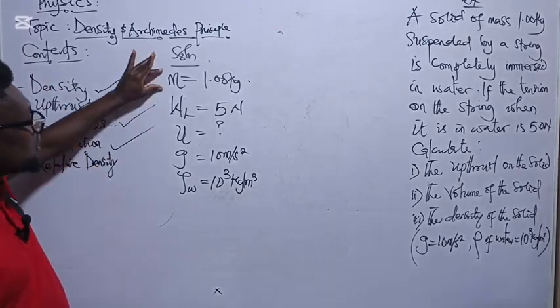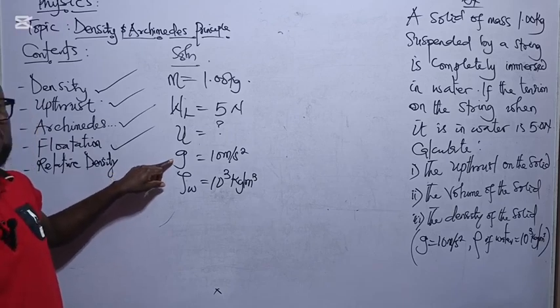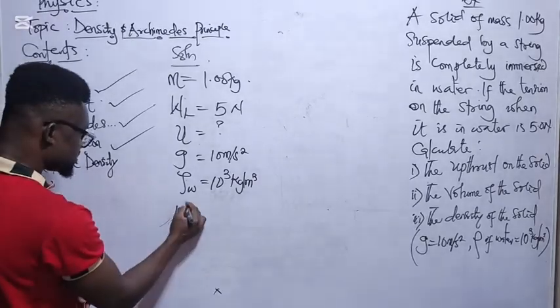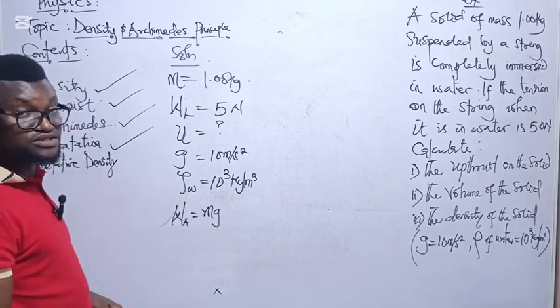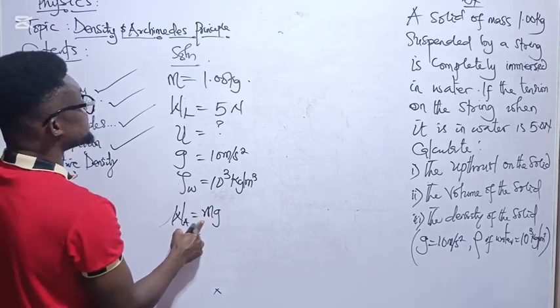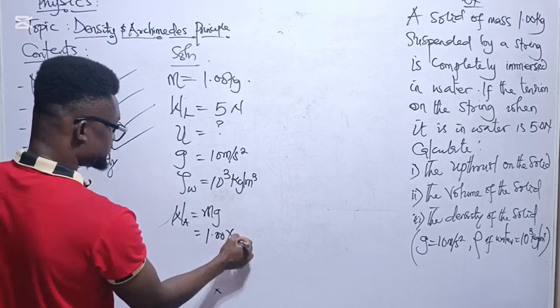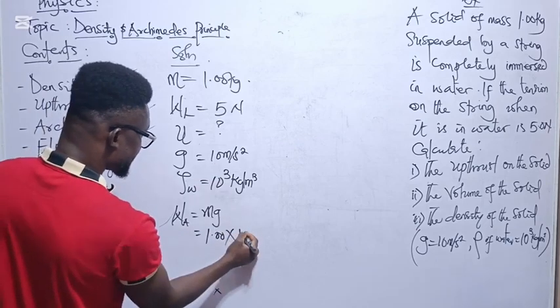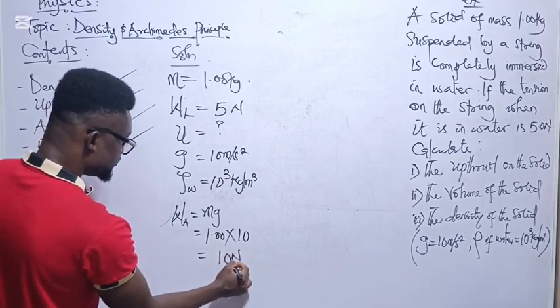Because we know the mass, if you multiply it by acceleration due to gravity, it gives you the weight in air, which is the actual weight. So the weight of the object in air will be mass times acceleration. Now we have the mass as 1, times acceleration due to gravity, which is 10 meter per second squared. 1 times 10 will give us what? 10 Newton.